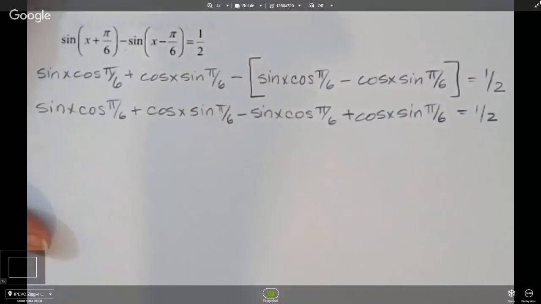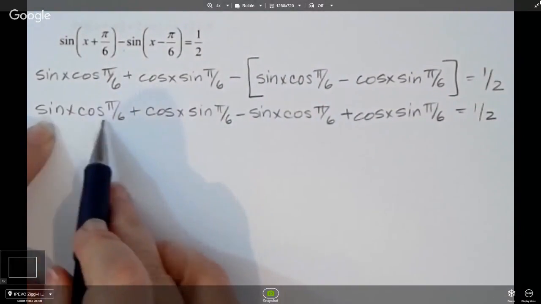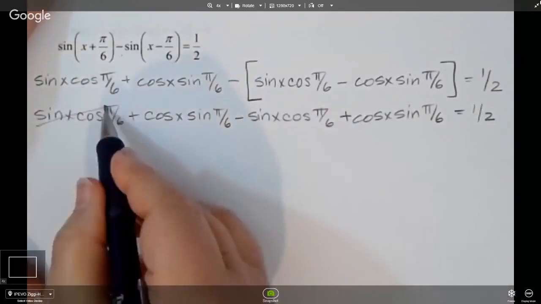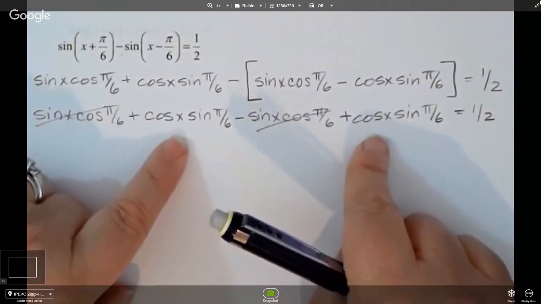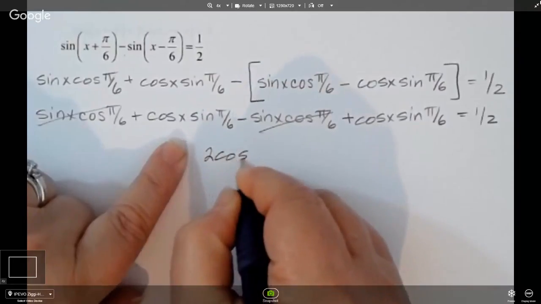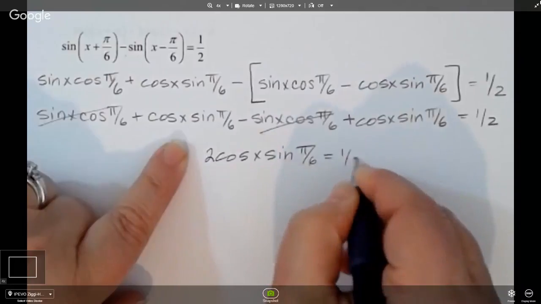All right, now I want you to notice that again we have a canceling out situation. We have the first term and the third term that will cancel. So that goes away, and I'm left with 2 of the same. So this is going to be equal to 2 cosine x sine of pi over 6 equals 1/2.